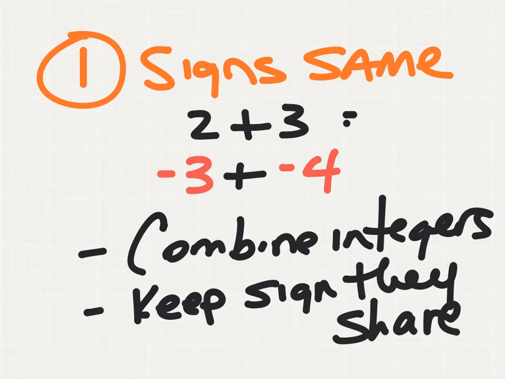So 2 and 3 would make 5. Both integers were positive. My sum is positive. 3 and 4 make 7. Both integers were negative, so my sum is negative.